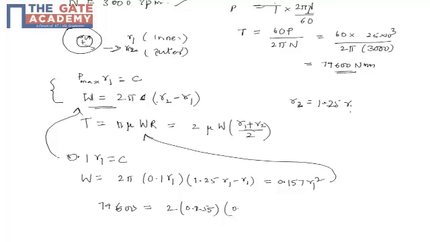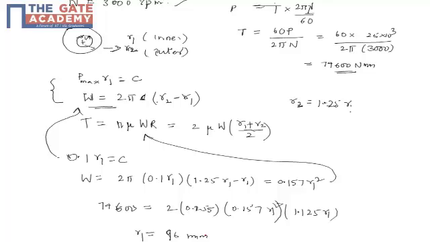W is 0.157 R1 squared, and the mean radius is (R1 + R2) by 2, with R2 as 1.25 R1, so it becomes 2.25 by 2, which is 1.125 R1. So we get the entire expression in R1 cube. If you solve for R1, we get 96 mm.